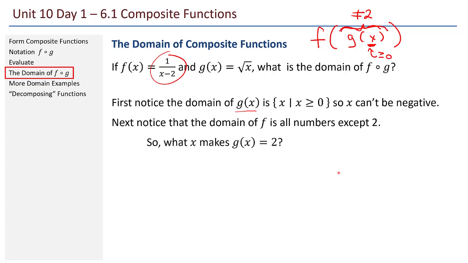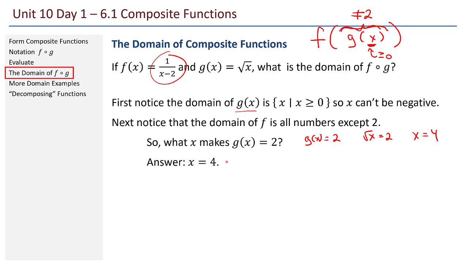So I ask myself, what x makes g of x equal 2? And the answer to that is 4. We can figure this out by actually just solving, say, g of x equals 2, so g of x is the square root of x equals 2, square both sides, x equals 4. So that 4 is an offending x value.